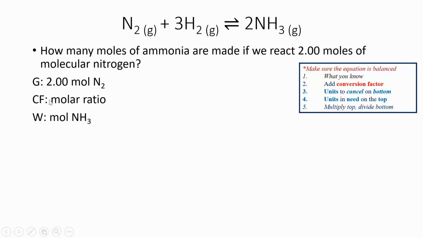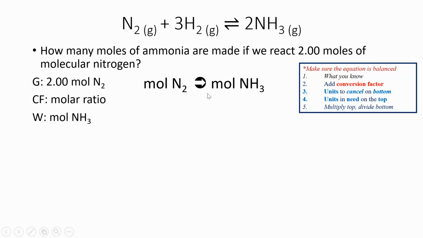Our conversion factor is going to be the molar ratio. That's going to be a key thing in all of stoichiometry. So you're going to be using this molar ratio, or moles to moles, in the middle of every problem to go from data about one thing to data about another, as far as compounds and the reactions go. And then we want moles of ammonia. So we're going to have to convert moles of nitrogen to moles of ammonia.